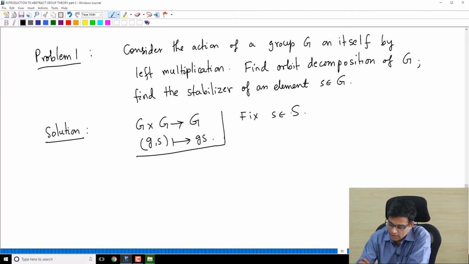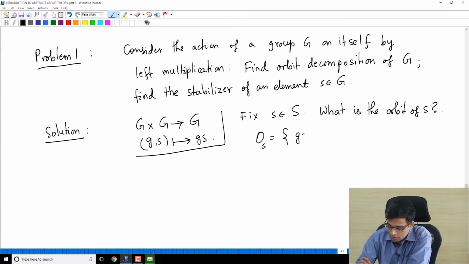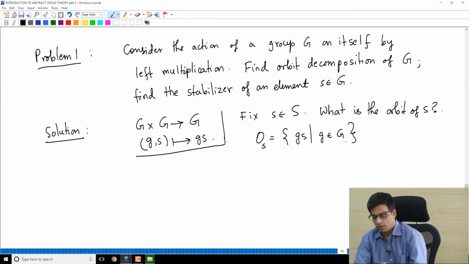So let's take s in G. What is the orbit of s? The orbit of s is Gs, by definition, the set of elements gs as g varies in G.